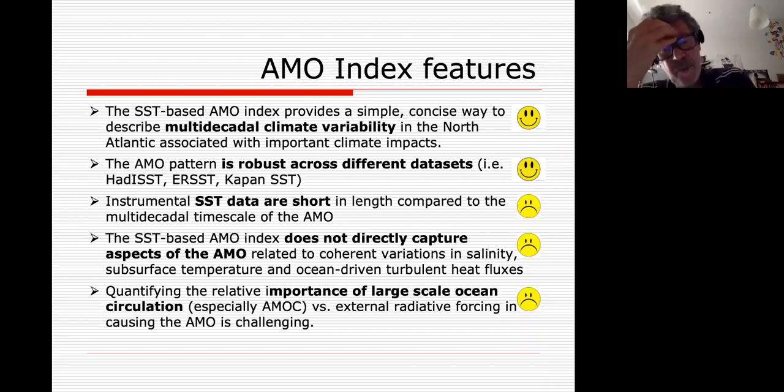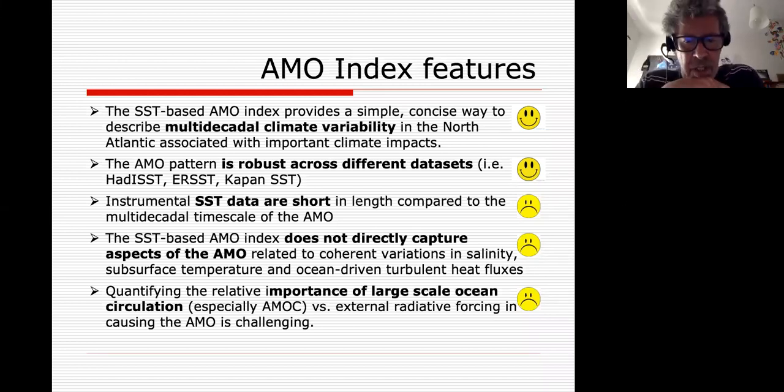What is quite important is that indexes are features proposed in order to simplify the detection of variability in large data sets. But they are somehow arbitrary.